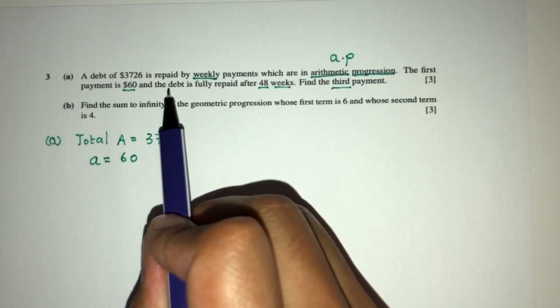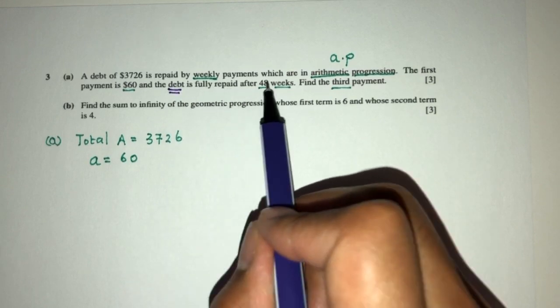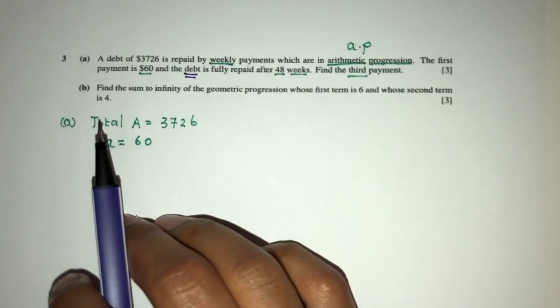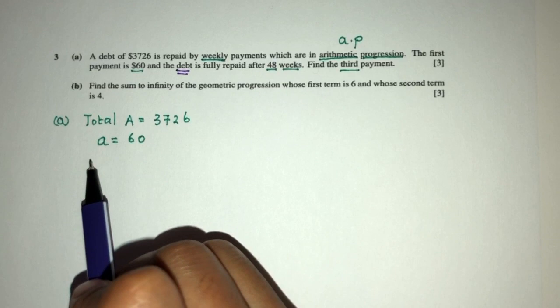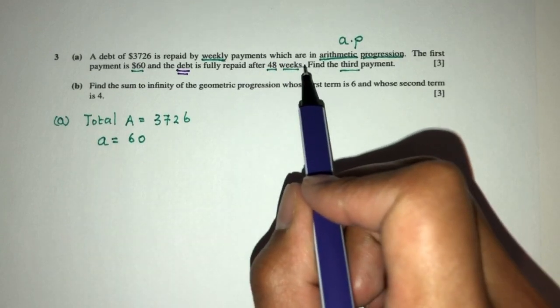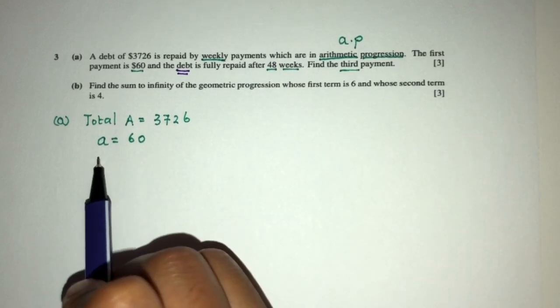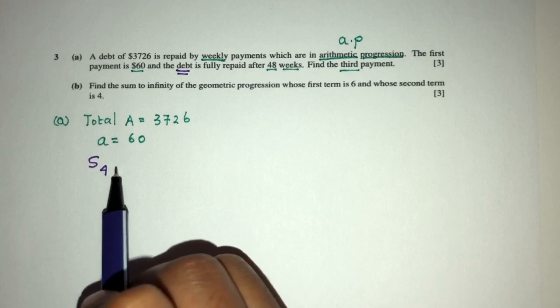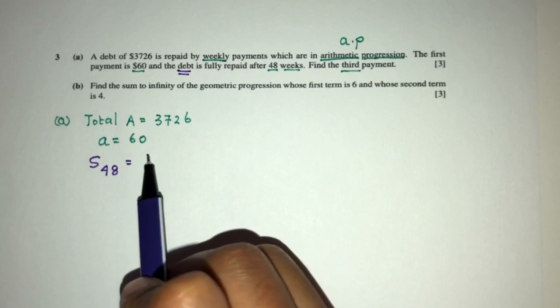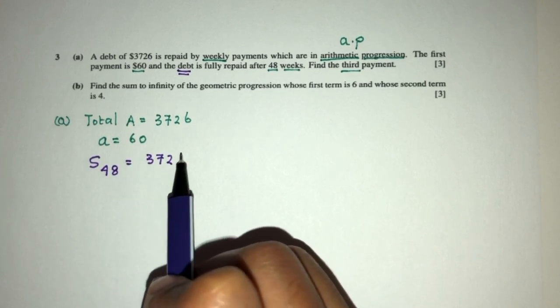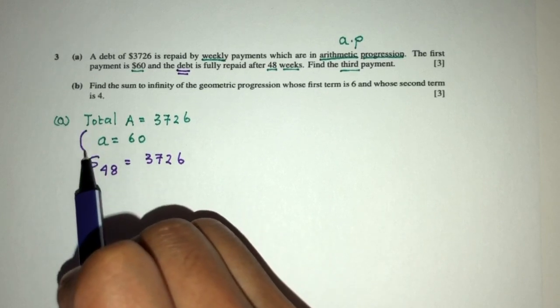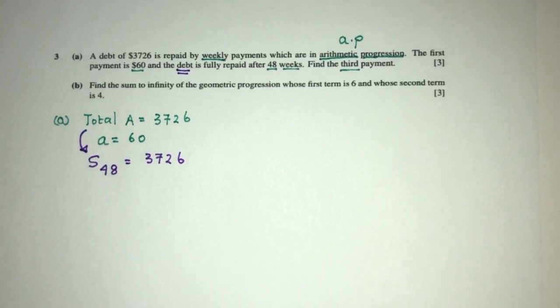And the debt is fully repaid after 48 weeks. So we repaid the whole thing after 48 weeks, which means the sum of the 48 payments has to give you 3,726, if that makes sense, right? So we kind of have to derive this from the given information.